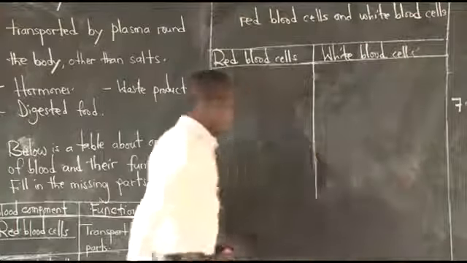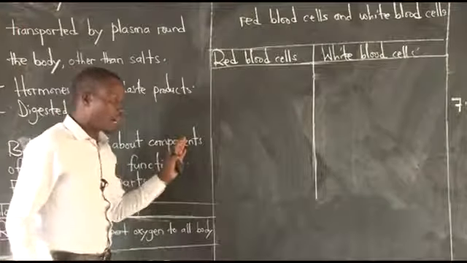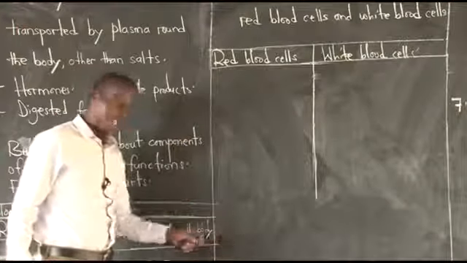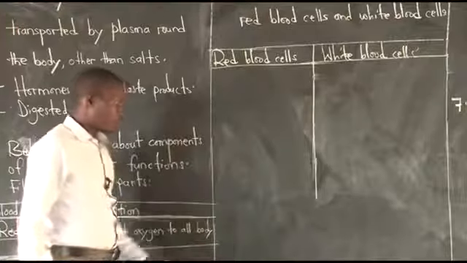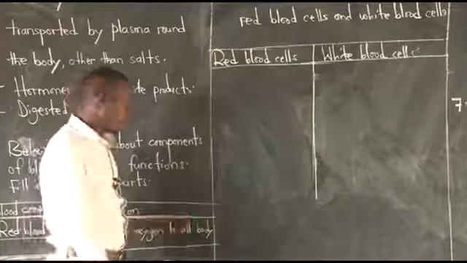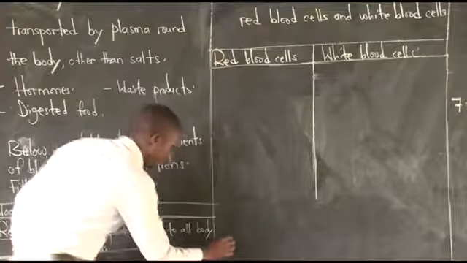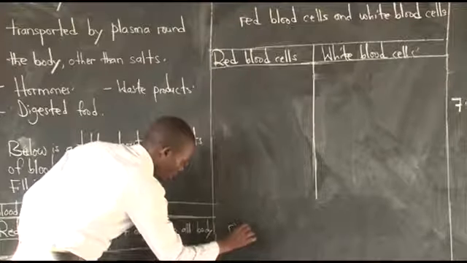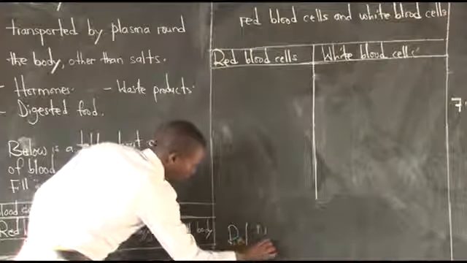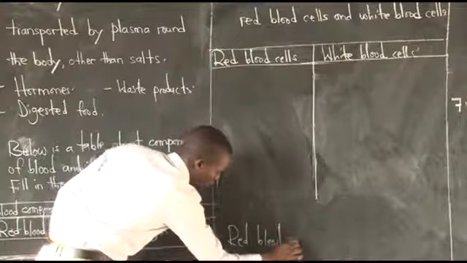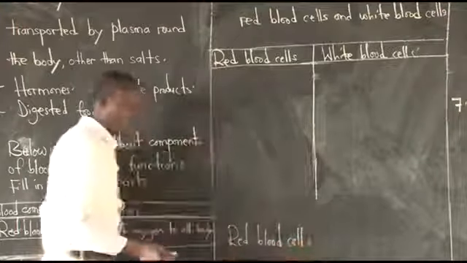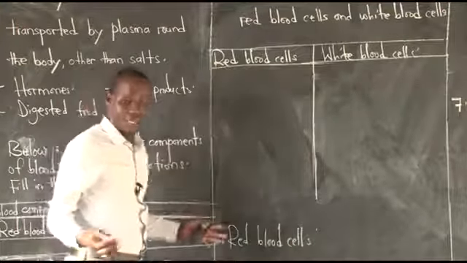Okay? So to be able to look at their differences, let us look at their structures first. Then we shall be able to answer properly. When looking at red blood cells, you can look at the structure. Majorly, they are disc-like shapes.